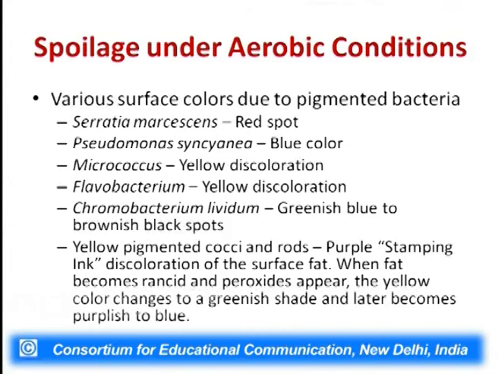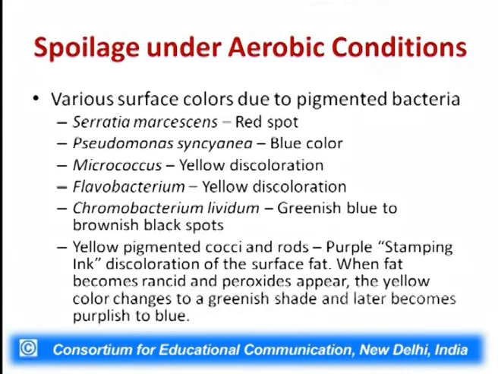Examples of these kinds of spoilages are red spot, which is caused by Serratia marcescens, and blue color caused by the growth of Pseudomonas cincinnati. Then Micrococcus is responsible for causing yellow discoloration of the meat. Flavobacterium also produces yellow pigment and is responsible for causing yellow discoloration.